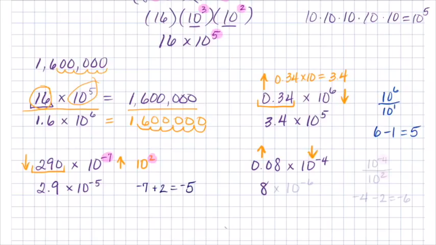So if we take 10 to the negative fourth and divide it by 100, which is 10 to the second power, remember, we must subtract the exponents. Negative 4 minus 2 equals negative 6. So the answer becomes 8 times 10 to the negative 6th power.